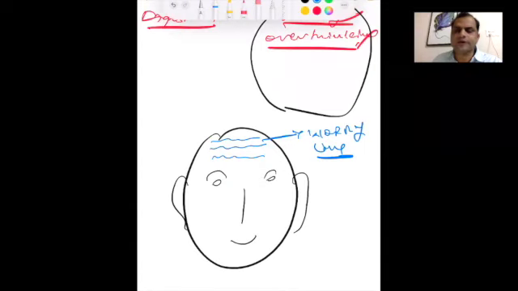They are worrying all the time. Maybe because of a problem in the job, problem in life, or any problem. So this is called worry line. These lines are the results of worrying a lot.